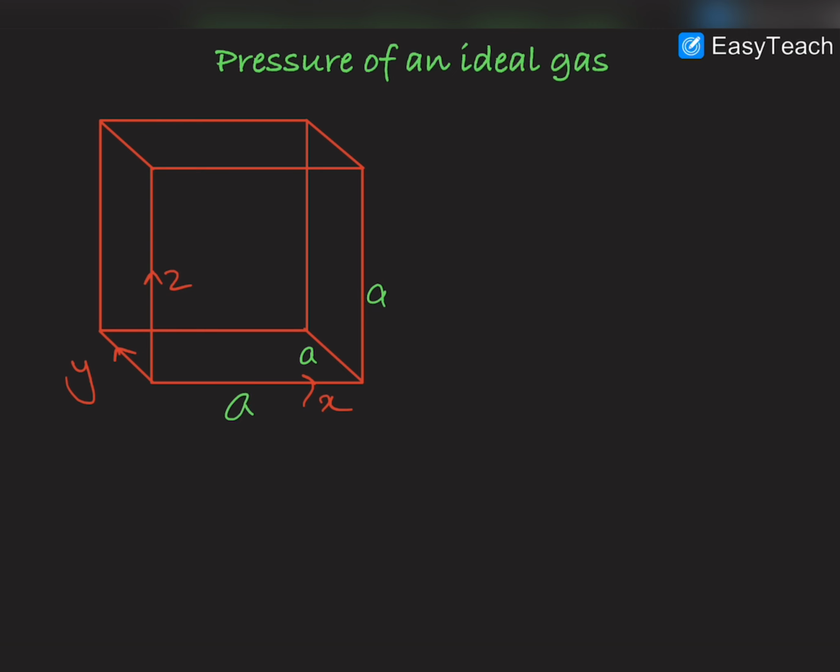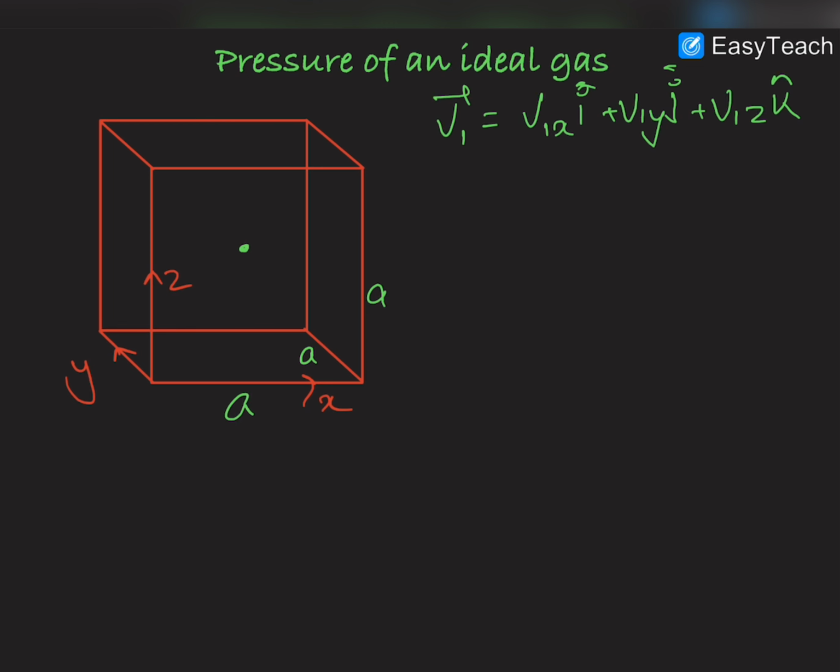There are many molecules of a gas filled inside this container, but I am just talking about any one molecule. So we know that this molecule will have a velocity v1, which would be v1x i cap plus v1y j cap plus v1z k cap.